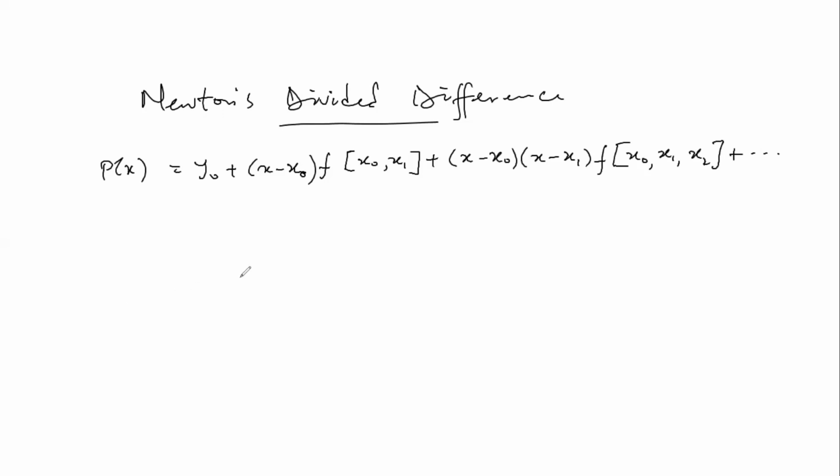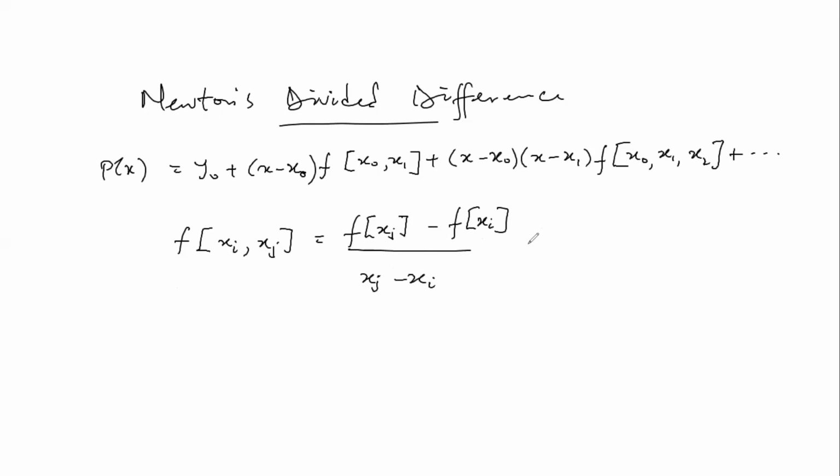Here, the divided difference is given as F of Xi Xj being the same as F of Xj minus F of Xi over Xj minus Xi. This is referred to as the divided differences.